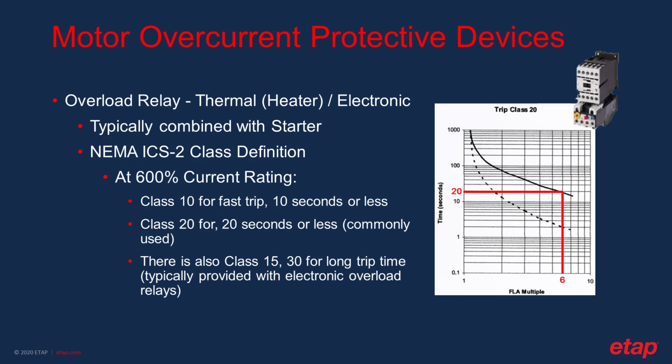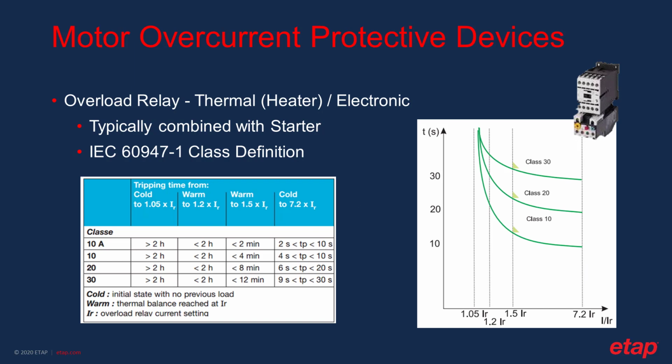There are other classes like class 10, class 15, class 30, and even class 35 for the electronic overload relays as well. But class 20 is typically used for NEMA or North American manufactured motors, and class 10 is typically used for IEC standard manufactured motors. Same class for the IEC.